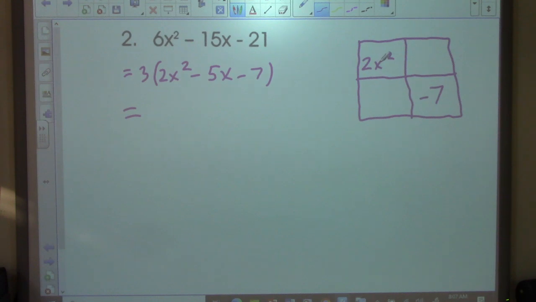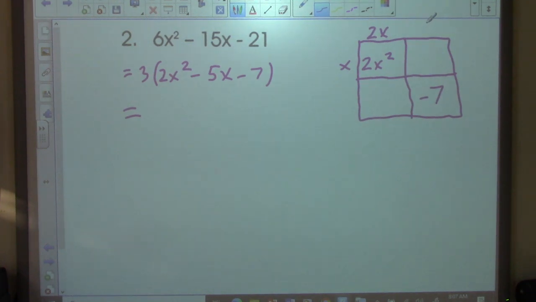So you know your factors of 2x squared. Where are your factors of 2x squared? 1 and 2. So you're going to have 2x and x like this. So that part is pretty easy. And then what are your possible factors of 7? 1 and 7. So you don't have a lot to choose from.